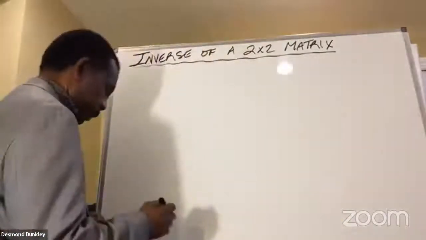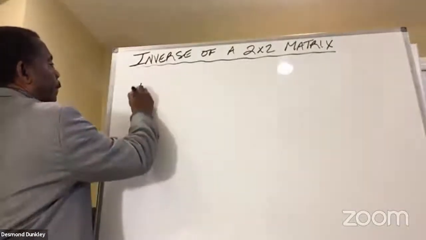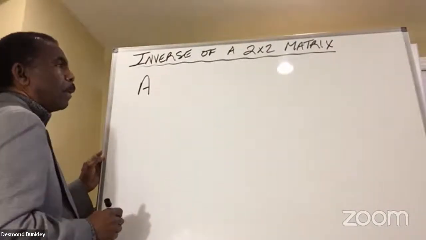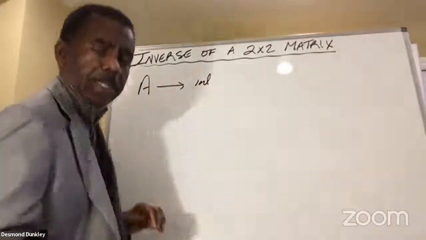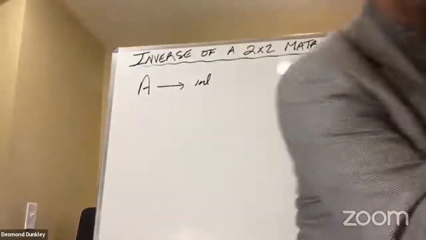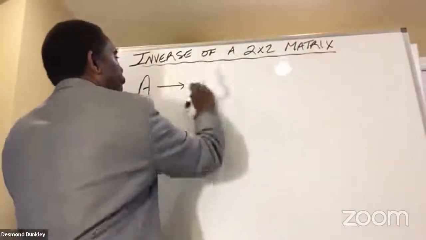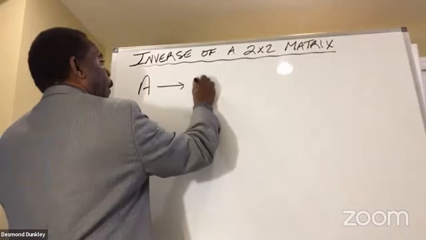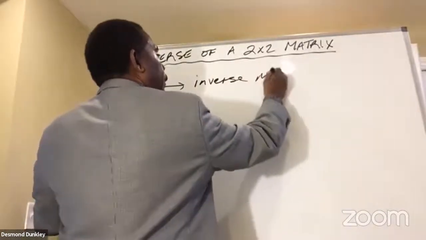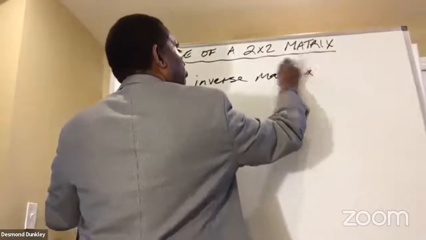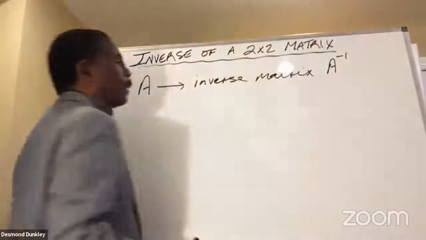First of all, if I gave you the matrix A, then the inverse matrix is denoted as A to the minus 1.